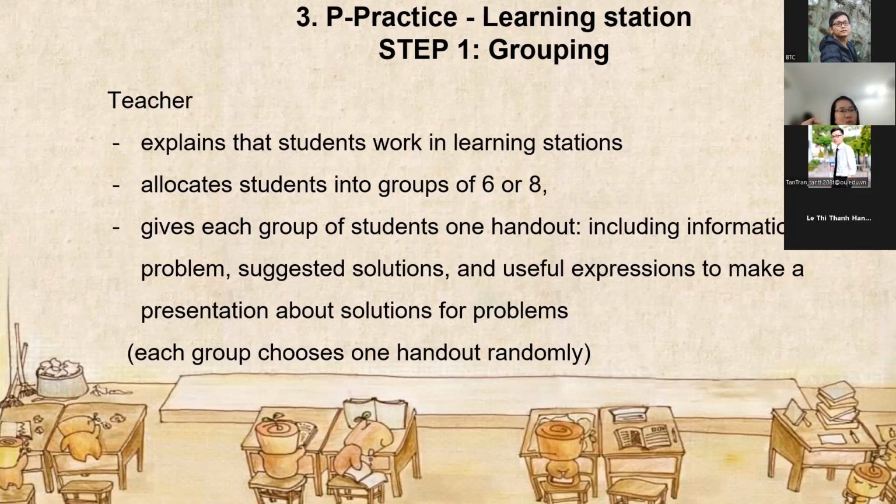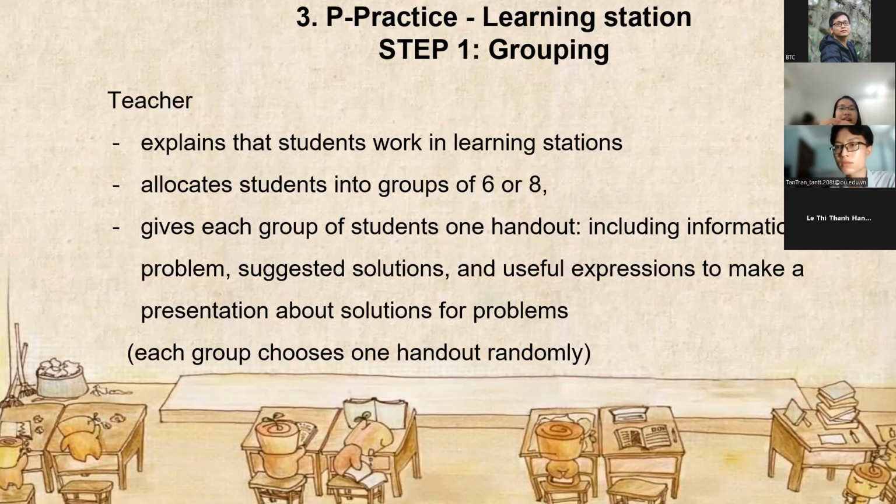This is task number 1. Then suggested solutions and useful expressions to make a presentation about solutions for problems. According to the task in the textbook, there are 3 or 4 problems, so you prepare 3 or 4 handouts, so that the group will choose a handout with the problem and solution.